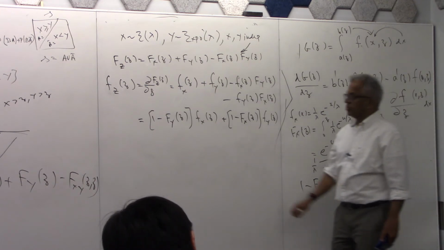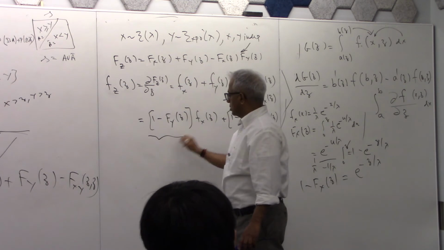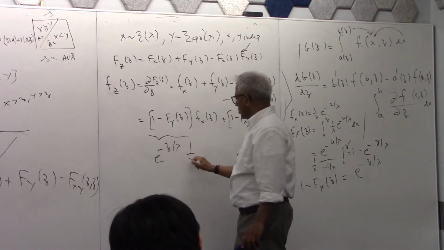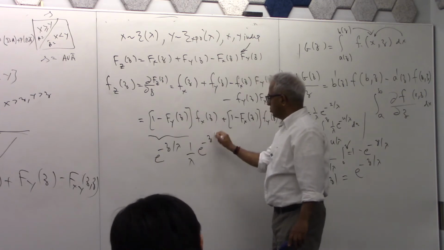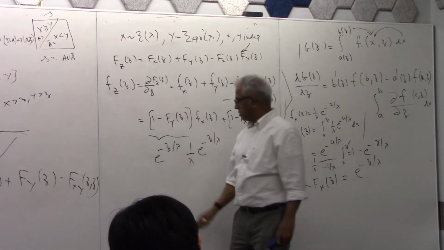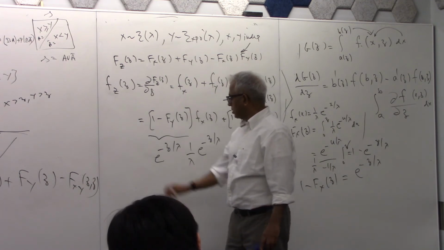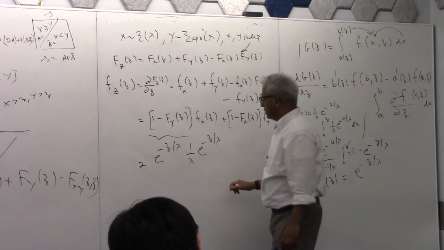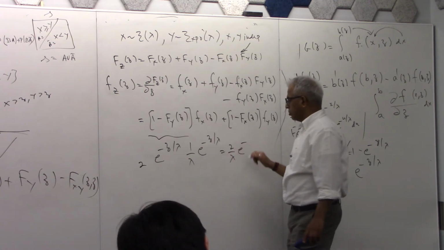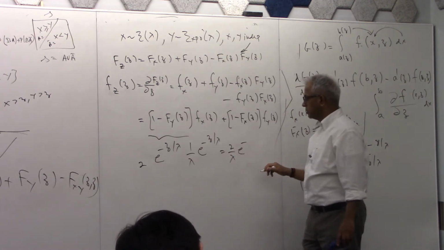So let me substitute it here. This is e raised to minus z over lambda. This is 1 over lambda e raised to minus z over lambda. And this is exactly the same thing. So this is 2 times that. So you get 2 over lambda e to the power minus z over lambda.